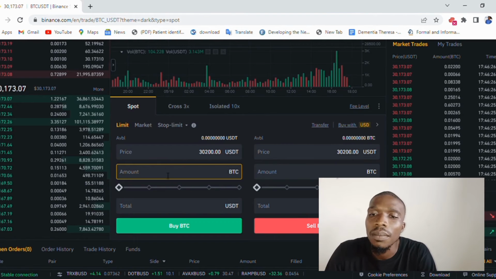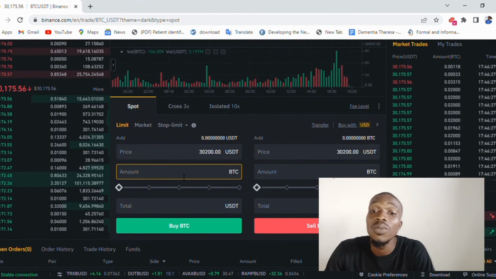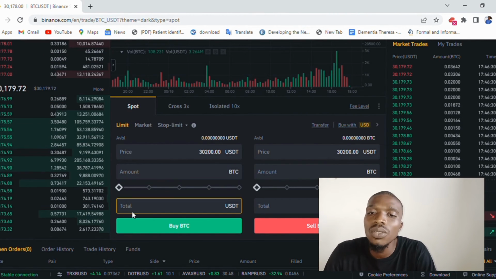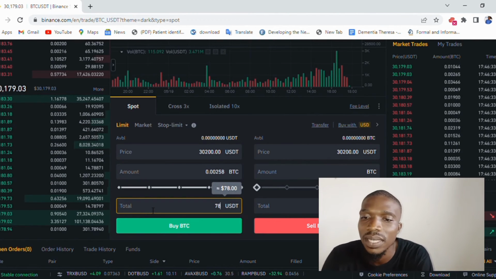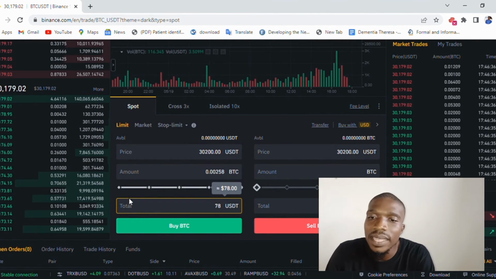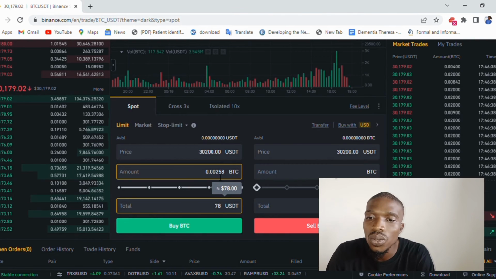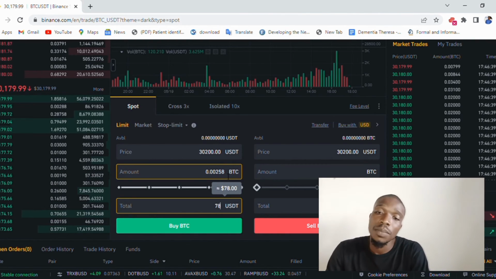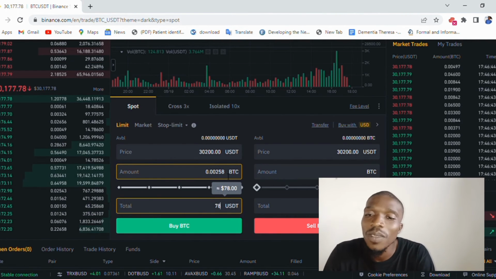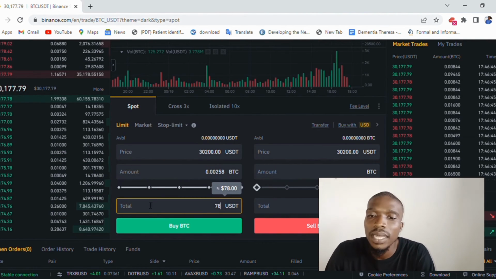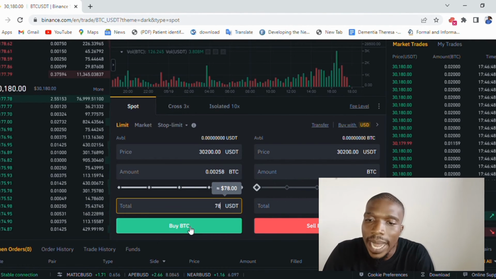So how many pieces of USDT do I intend to buy? Or better still, you could just go ahead and type in the quantity of USDT. So let's say I have 78 USD, I'll be able to buy 0.000258 BTC. So I'll be able to buy that, and I just go ahead and click on buy.